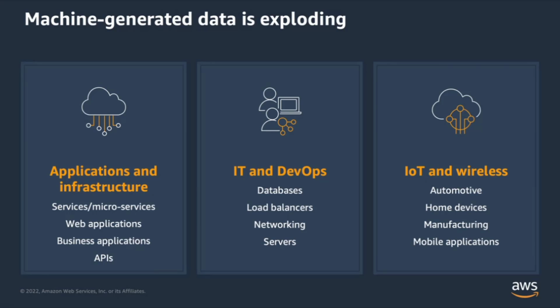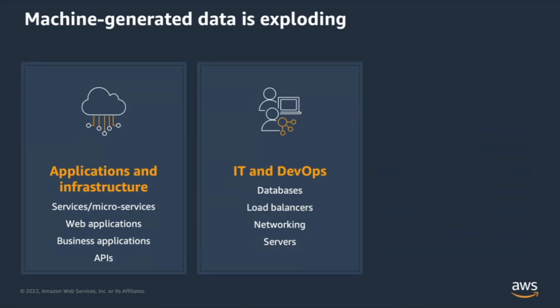And again, this data contains the critical information that you need to make your business decisions and to find out what's going on with your applications, your infrastructure, your security. With Amazon OpenSearch Service, you can bring that data into the service and build out visualizations and dashboards that enable you to dig in and pull out those critical pieces of information that are going to guide you.